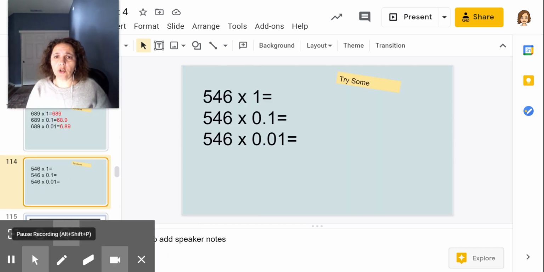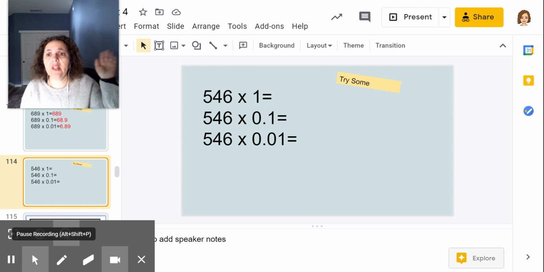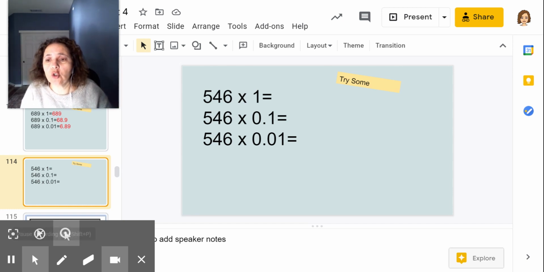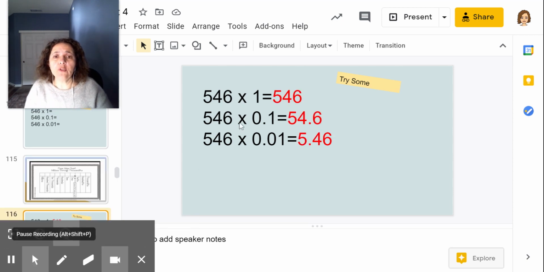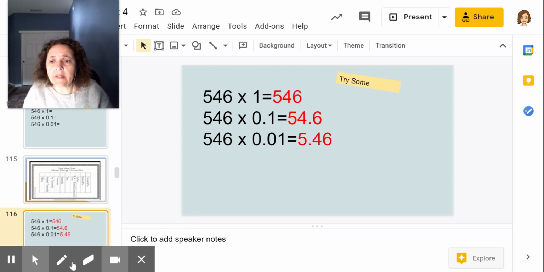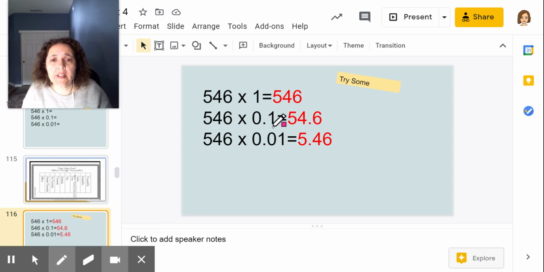All right, try some more. 546 times 1, 546 times 1/10, and 546 times 1/100. Hopefully by now you don't need to use the place value chart, but if you do, so you can see the movements, go ahead and use it. If not, use the shortcut method and then come back to me. Okay, so hopefully you got 546 times 1 is 546. 546 times 1/10 is 54.6.